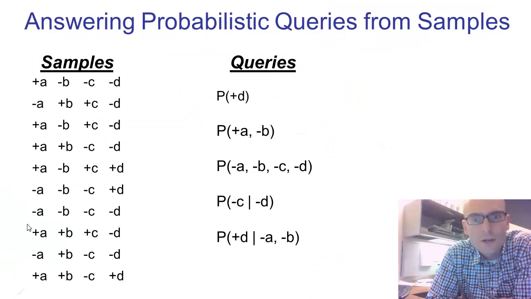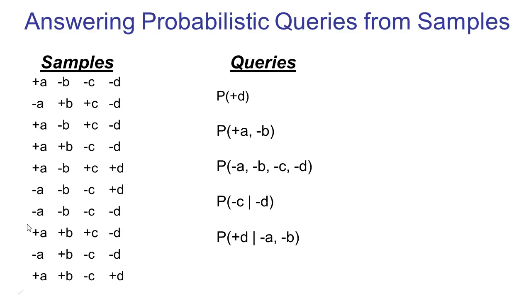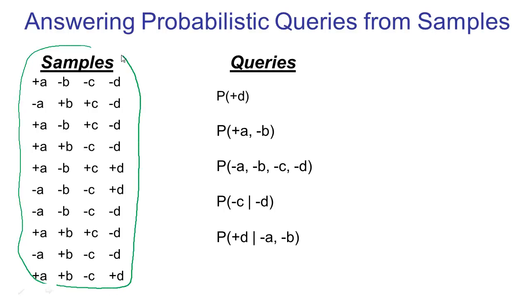We now know how to sample from a distribution specified just as a table or specified as a Bayes net. Let's now take a look at what we can compute from these samples. In particular, how do we answer probabilistic inference queries based on samples that we got from the distribution? Here's the set of samples we assume we obtained from some distribution over A, B, C, and D. These are 10 total samples.